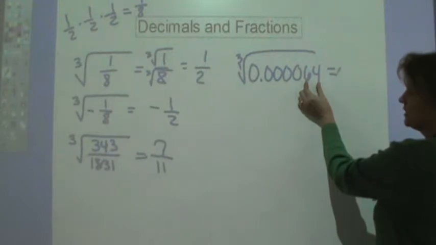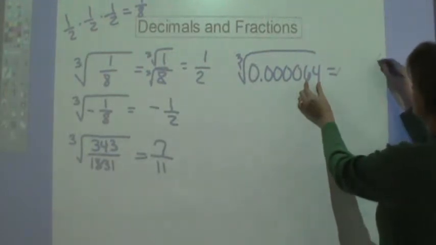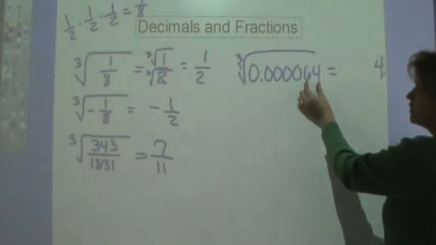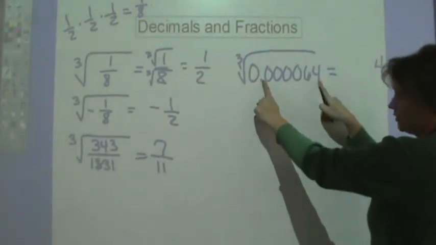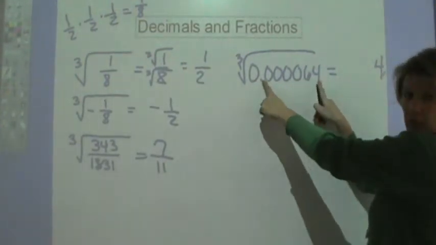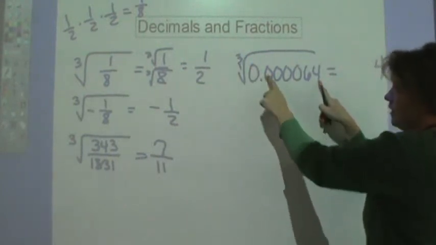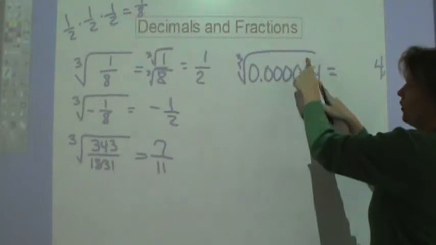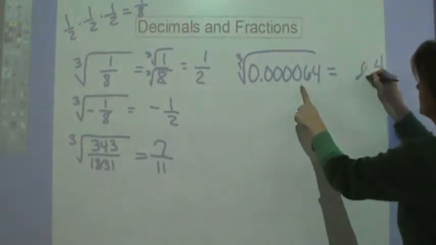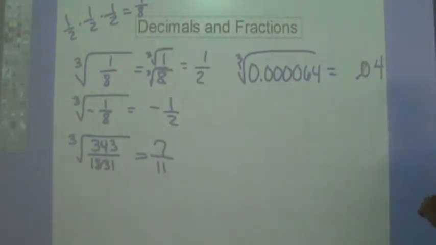Well, the perfect cube is 64. The cube root of 64 is 4. And then in the square roots, remember we took how many decimal places there was, or how many place values, and we cut it in half. Well, this time we're going to cut it in thirds. So 1, 2, 3, 4, 5, 6. A third of that would be 2, so our answer is going to have 2 decimal places.